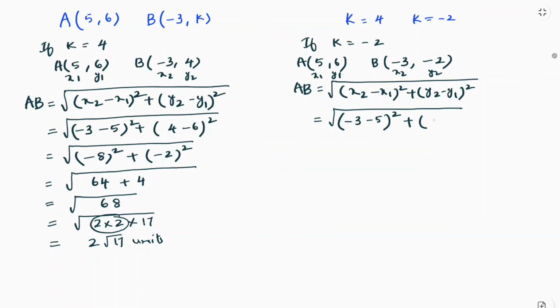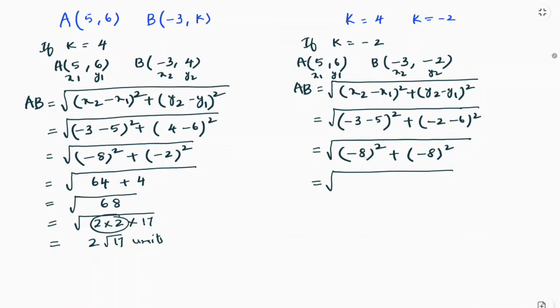So here y2 is minus 2, (minus 2 minus 6) whole square. So minus 3 minus 5, minus 8 whole square, and this one is minus 8 whole square.